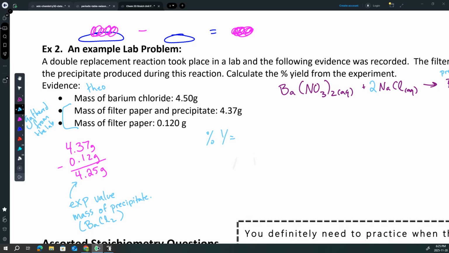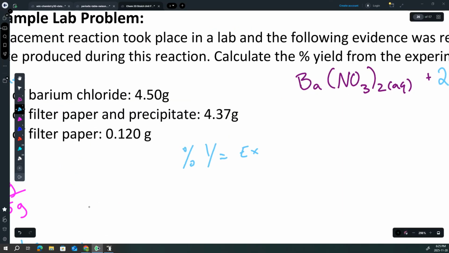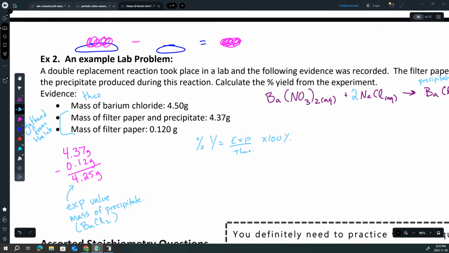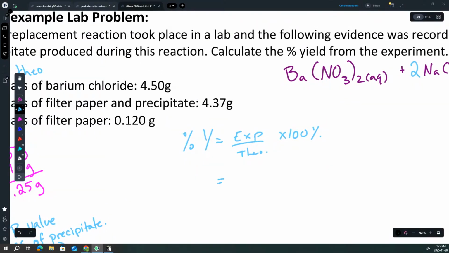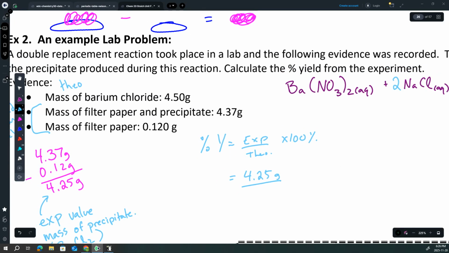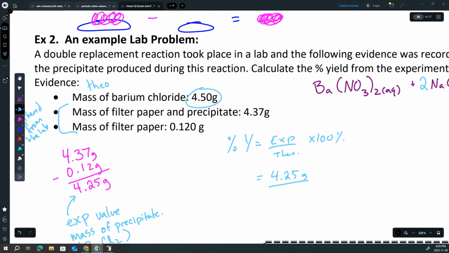So remember, percent yield is your experimental value divided by your theoretical value times 100%. Okay, so our experimental value, that was the 4.25. And the theoretical value, that was 4.50.